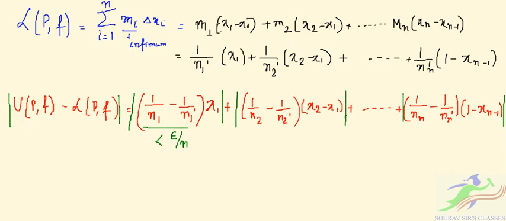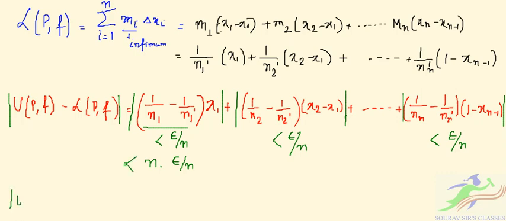Similarly, all of the remaining terms are also less than epsilon by n. So from here you can get that this mod is n times epsilon by n, right? It is less than.